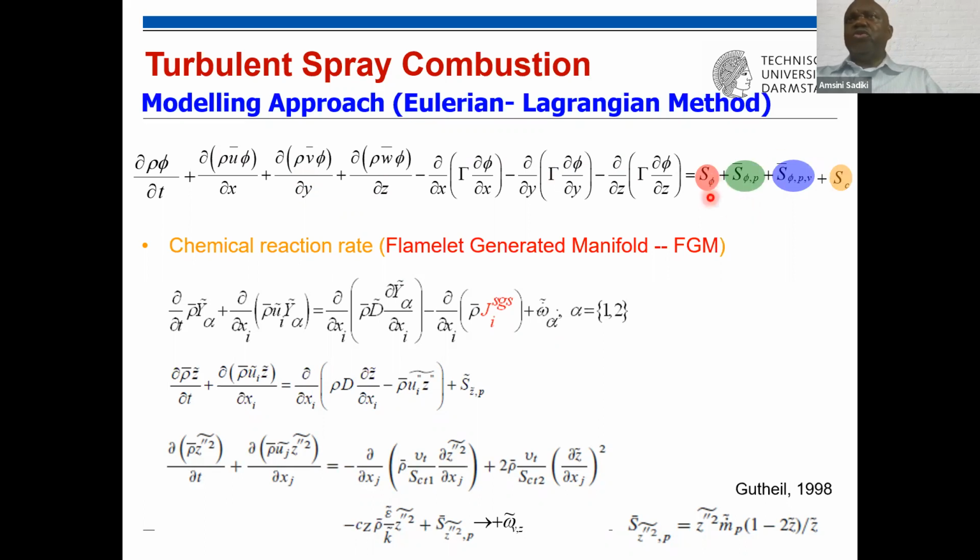So the source term due to the non-convective flux. And here we have the source term due to the presence of particles. Here we have the source term due to evaporation. We gave some examples with respect to these three terms. Now we are adding this last term due to the combustion.